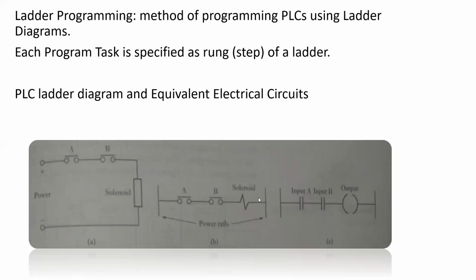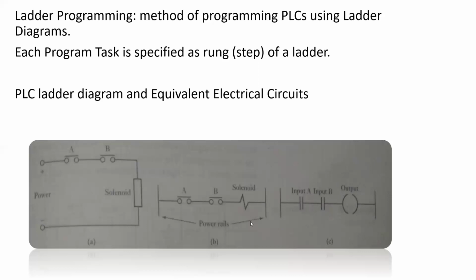In a similar way, we represent a ladder logic diagram. This is one rung of a ladder logic diagram. Here we can see this is input A, this is input B, and this is the output. Very much analogous to this, input A will be an input to the PLC. Similarly, input B is another input to the PLC.